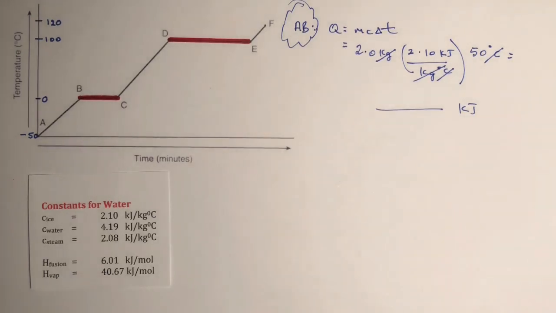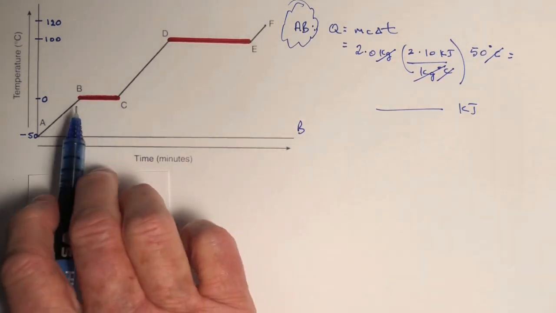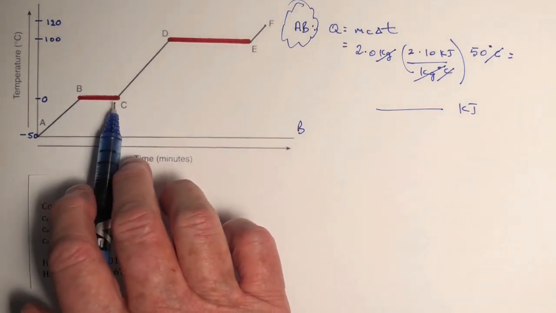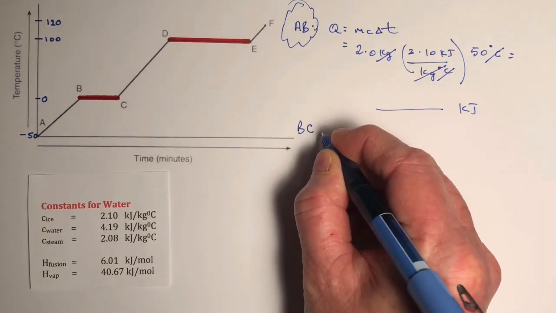Now we're going to do the second calculation, which would be the total amount of energy required to actually completely melt 2 kilograms worth of ice. So we will talk about BC.